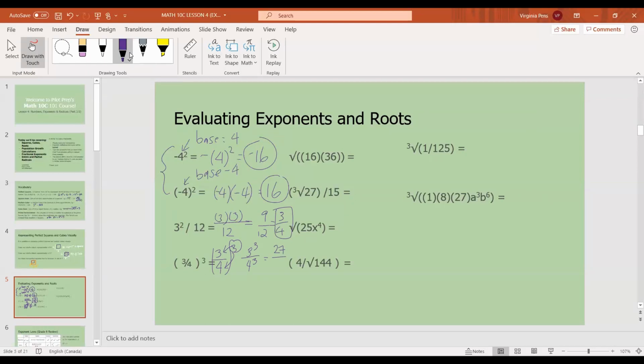Let's see, 4 times 4 is 16, 16 times 4 is 64. So can this number be simplified? Well, can it be divided by any of the factors? I don't think it can be simplified. 64 is not a multiple of 3, nor is it a multiple of 9. So I think this is our final answer.